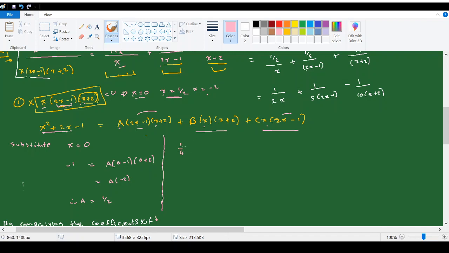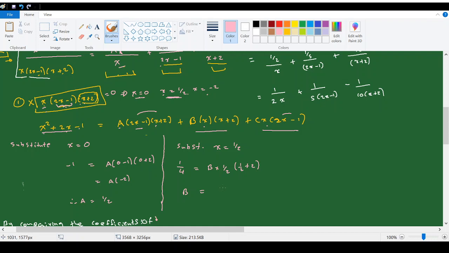So when you substitute x equals half, then on the left hand side, this one will be 1 over 4, this one will be 2 times half, that is 1, together with this negative 1 it will be 0. So altogether the left hand side will be equal to 1 over 4. This is 0, this is 0, and the second term will be b times half plus 2.